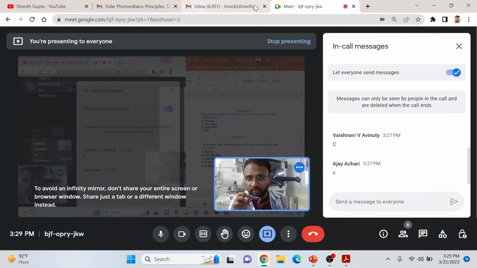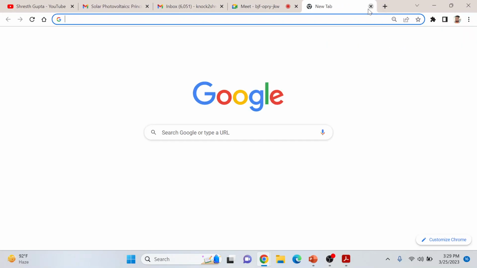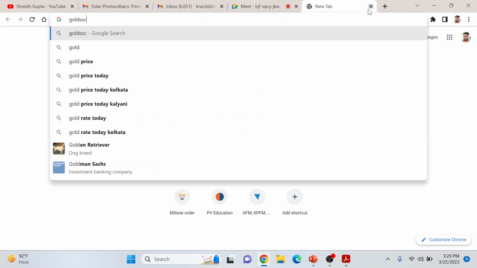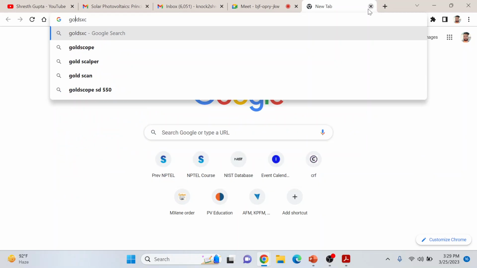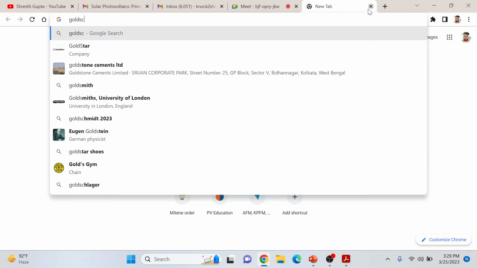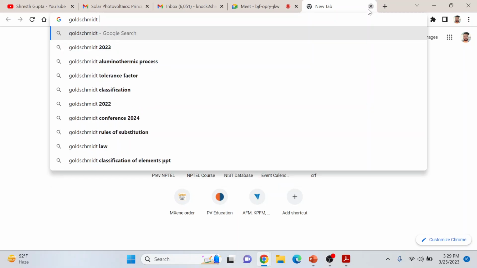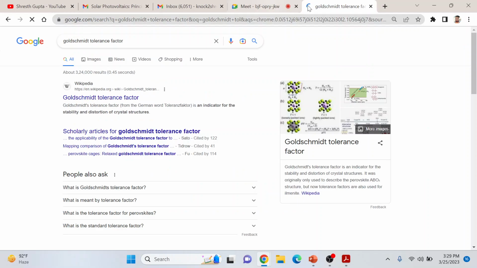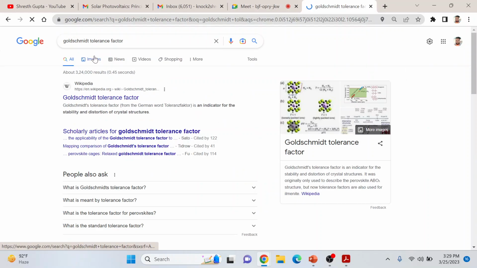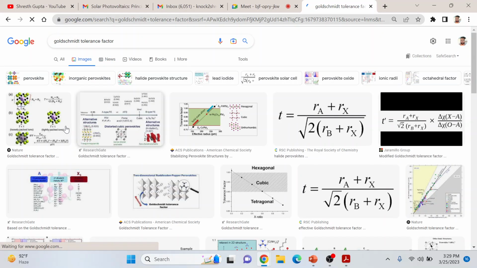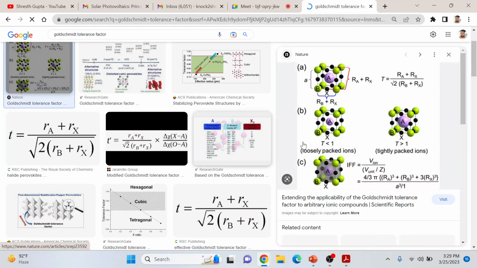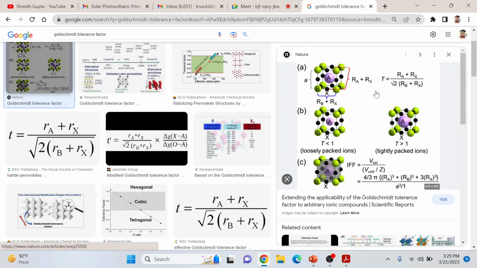Let me show you the Goldschmidt tolerance factor, just for your knowledge, if it is available on Google. I have not made any slide for it. So basically this is the formula of the Goldschmidt tolerance factor.